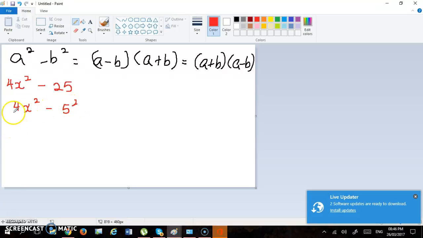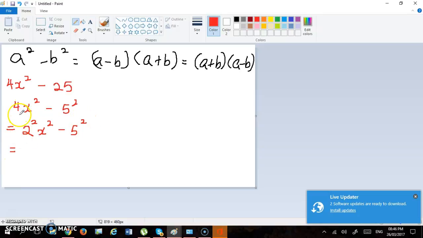Some of you might go on to say 4x minus 5, 4x plus 5, but that's wrong because this 4x squared here, we could write that as 2 squared, x squared minus 5 squared.